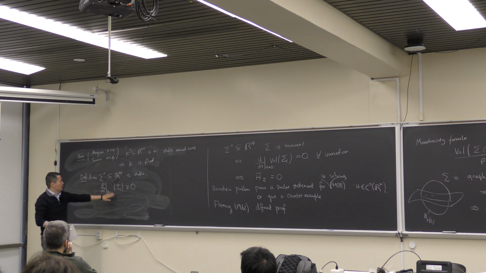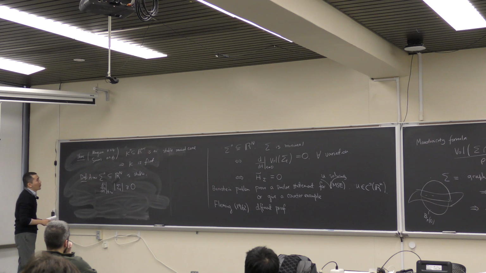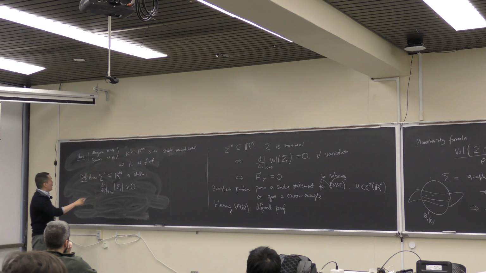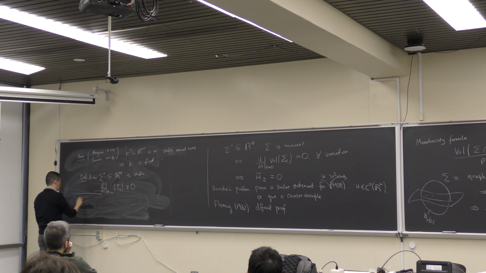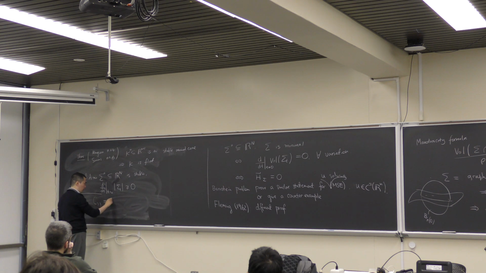Right. And actually, this result is sharp because in R^8, one has, for instance, the famous cone which is sometimes denoted by C_{3,3}. That's the Simons cone.